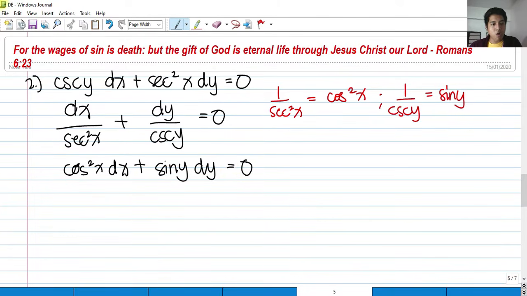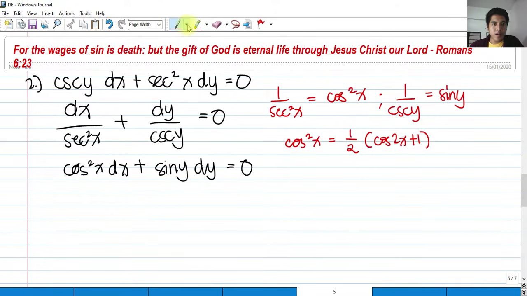But again, this cosine squared x has its own identity. Cosine squared x is equivalent to an identity of 1/2 times cosine 2x plus 1.